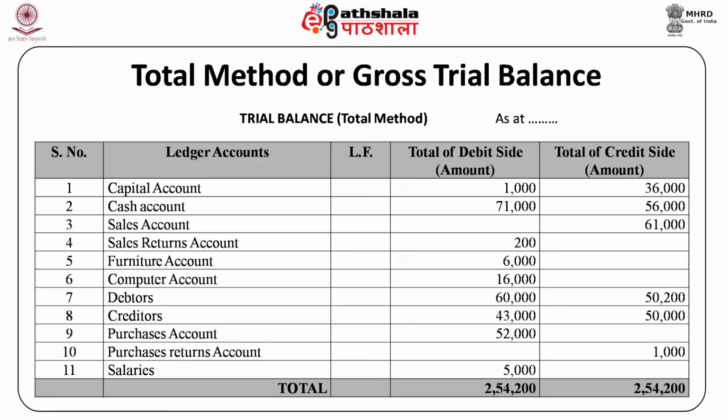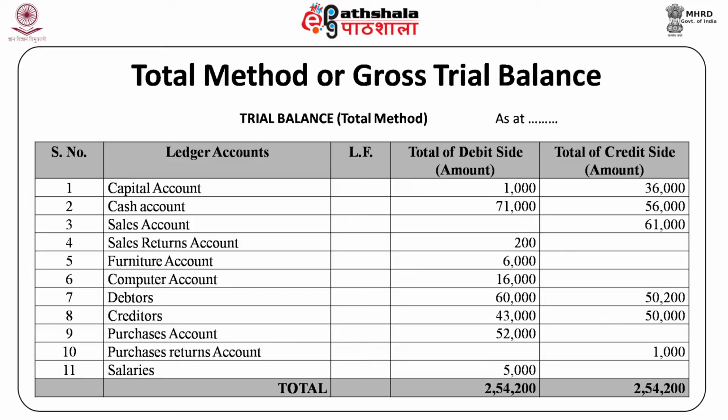Sales account, 61,000 credit. Sales return account, 200 debit. Furniture account, 6,000 debit side. Computer account, debit 16,000. Debtors 60,000, 50,000, 200. Creditors, total of debit and credit 43,000, 50,000. Purchases account, debit 52,000.